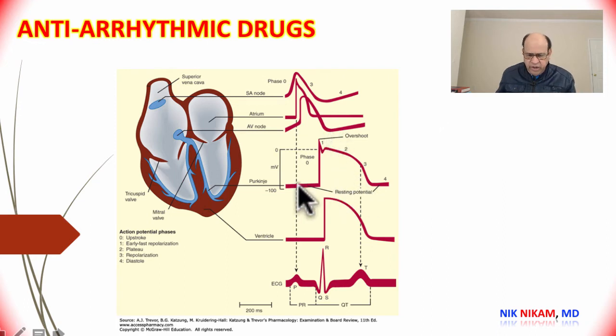As you can see, phase 4 of a myocyte is quite flat compared to phase 4 of the sinus node or the AV node, which gradually increases in voltage, and when it reaches a certain threshold, it sets off another action potential.